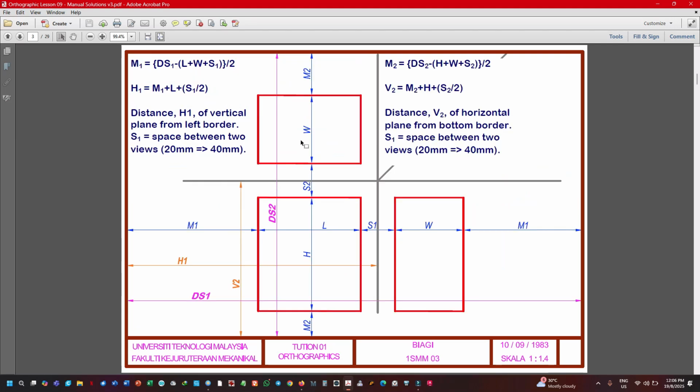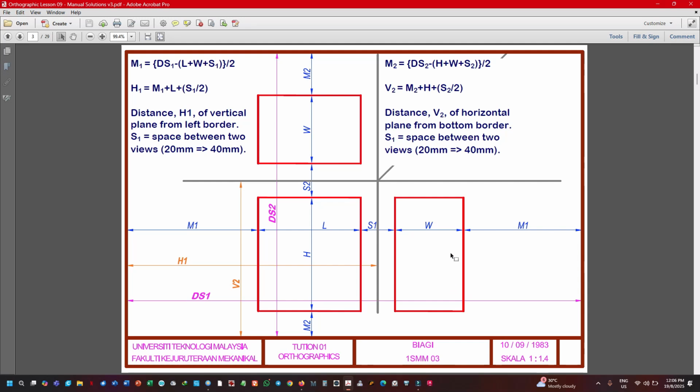Now, what you have is the calculation to determine where to draw the planes. This line represents the planes, the horizontal plane and the vertical plane. If your drawing is small enough, this is not very important. But if your drawing is very large and fills the whole piece of A3 paper, you might have to do some calculation.